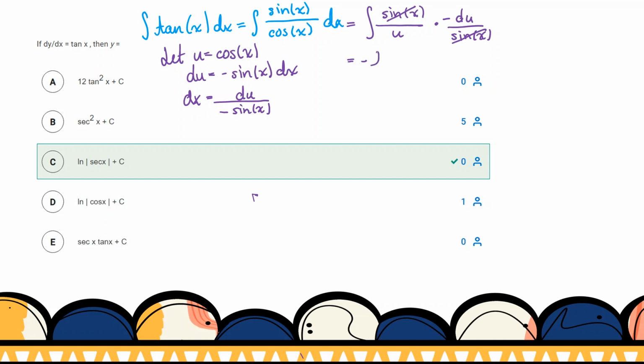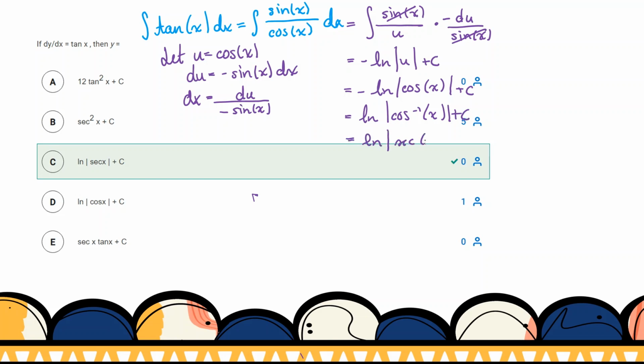So you get negative natural log of u plus c, where u equals cosine of x. And this is kind of where it gets tricky, because then we could say this is the natural log of the cosine inverse of x plus c, and that's equal to the natural log of the secant x plus c.